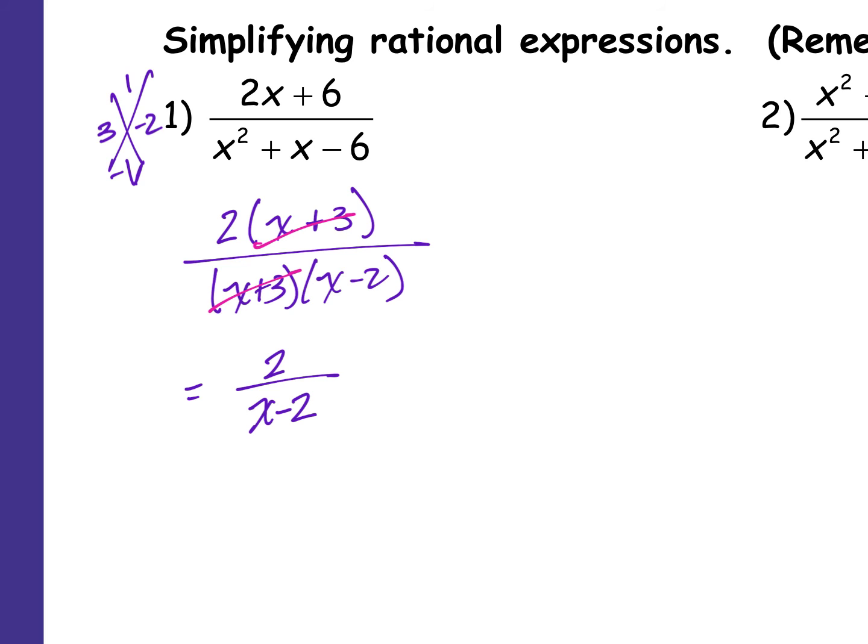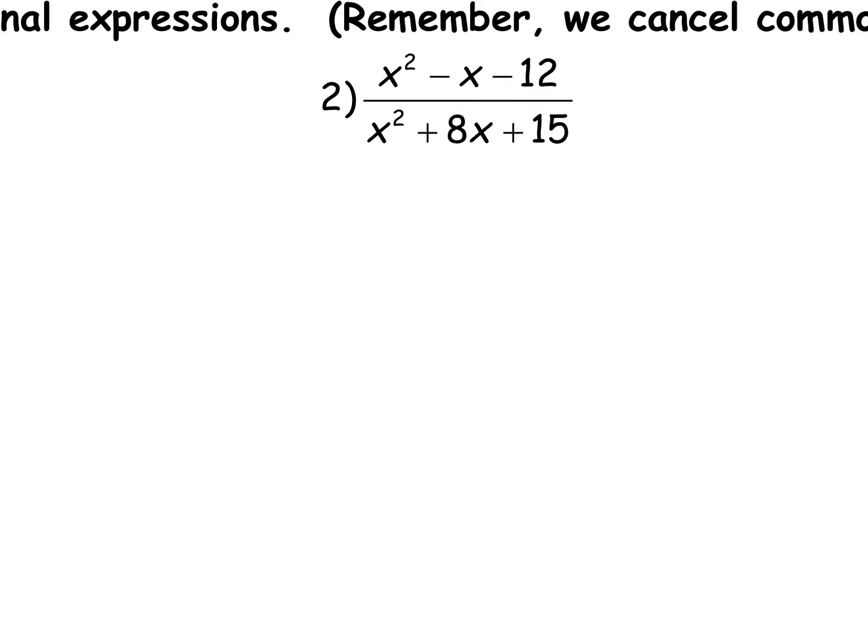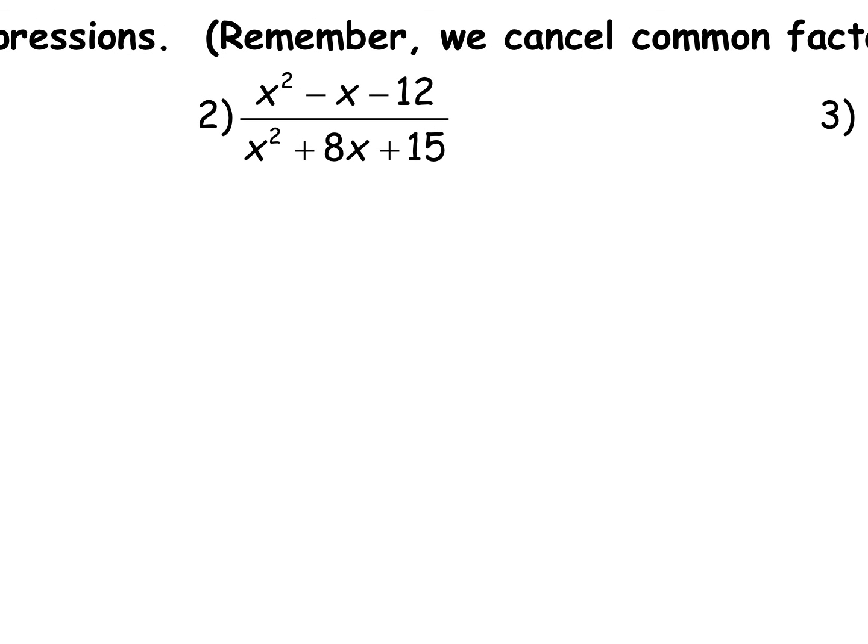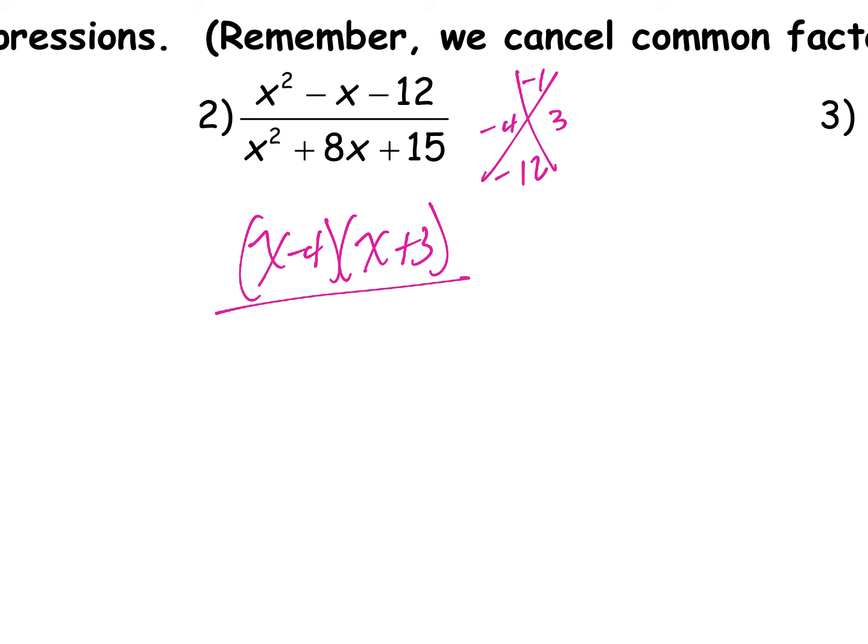Okay, we're going to do the same thing for number 2. Can I go on? Give me 2 numbers that multiply to be negative 12 and add to be negative 1. Negative 4 and 3. So x minus 4 times x plus 3, all over 2 numbers that multiply to be 15 and add to be 8.